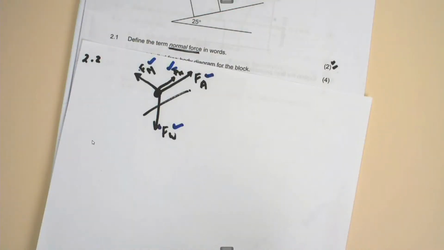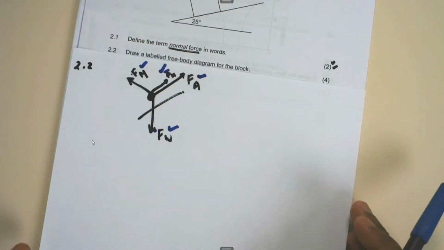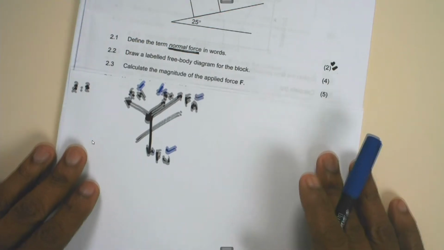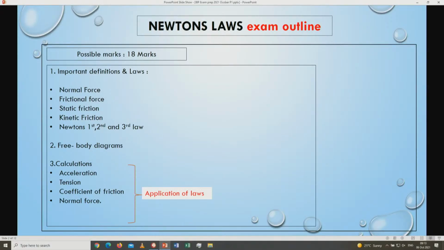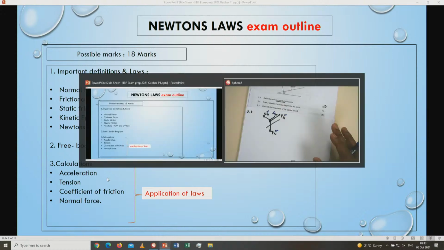So everything thereof that follows will be somehow calculations. Hence we are able to say now we need also to apply calculations in terms of calculating for the acceleration, tension, coefficient of friction, as well as now the normal force. So let's look at this question that we are busy with.